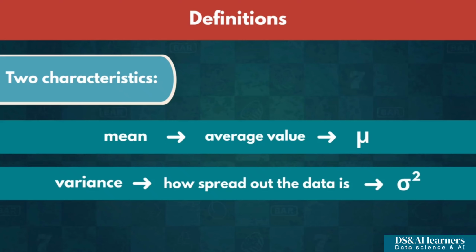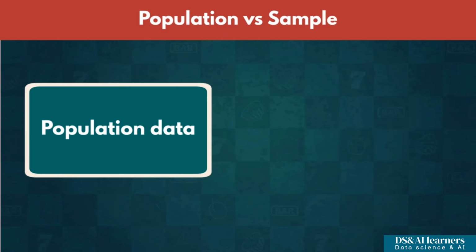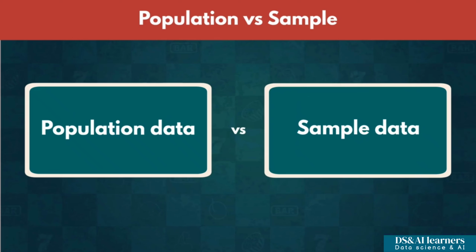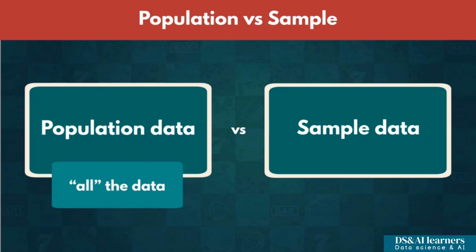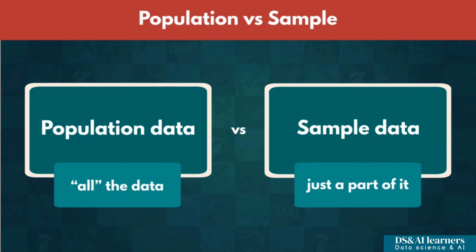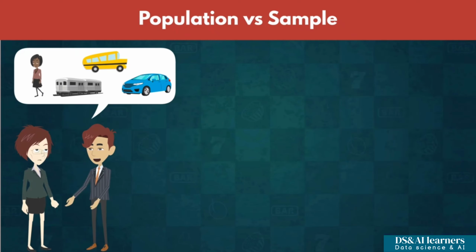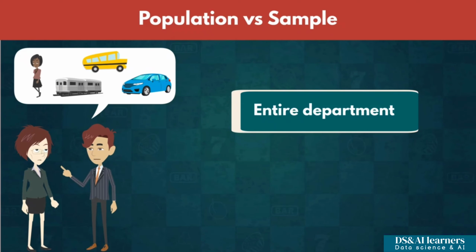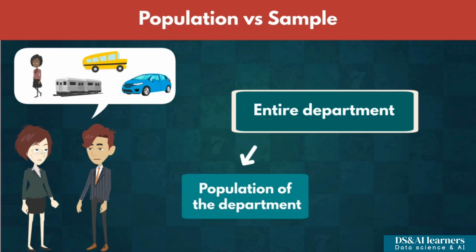Okay, when analyzing distributions, it is important to understand what kind of data we are dealing with: population or sample data. Population data is the formal way of referring to all the data, while sample data is just a part of it. For example, if an employer surveys an entire department about how they travel to work, the data would represent the population of the department.